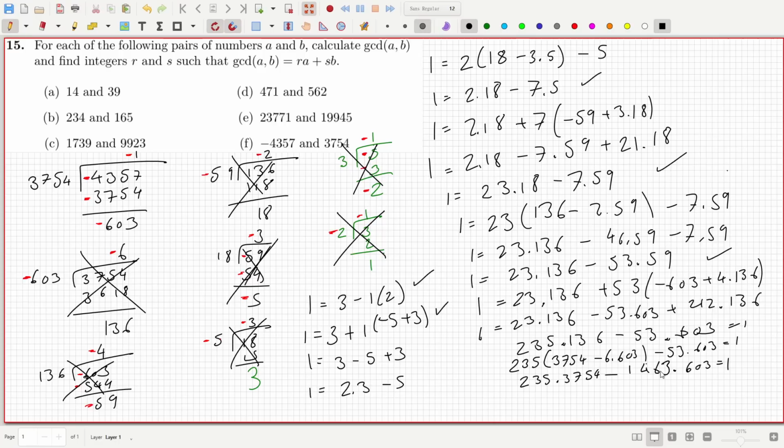Okay, now replace the minus 603. So that's 235 times 3754 plus 1463 times minus 603, which is minus 4357 plus 3754. That's equal to 1. Okay, so let me see now.